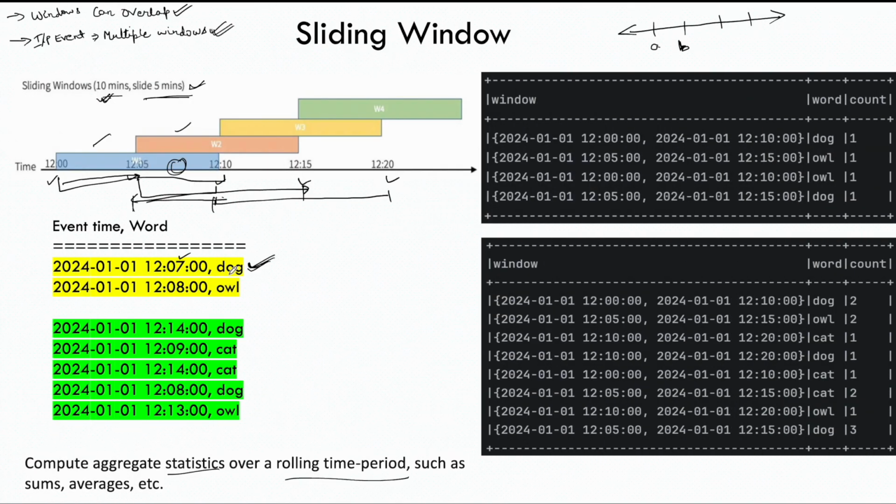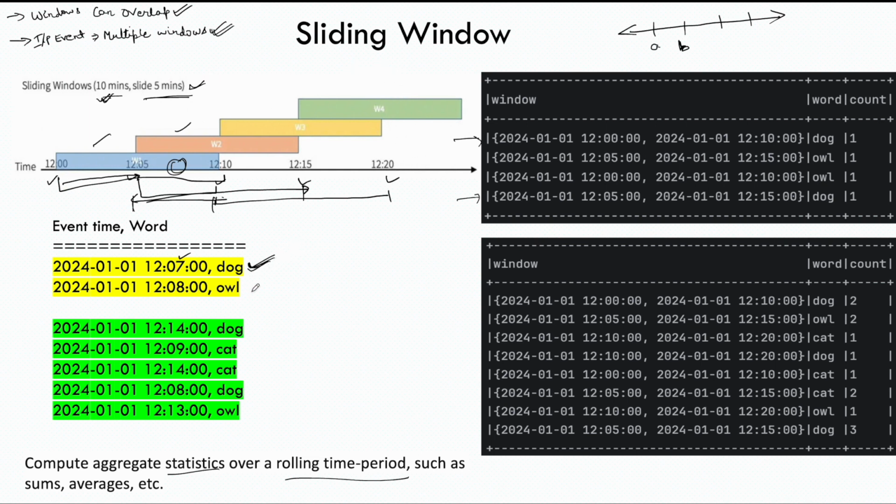Now let's have a look at this example. The event at 12:07 is falling between 12 and 12:10 and also 12:05 to 12:15, which means if you want to count how many times dog came, from 12 to 12:10 dog is 1, and from 12:05 to 12:15 dog is 1. So there are two windows for this event.